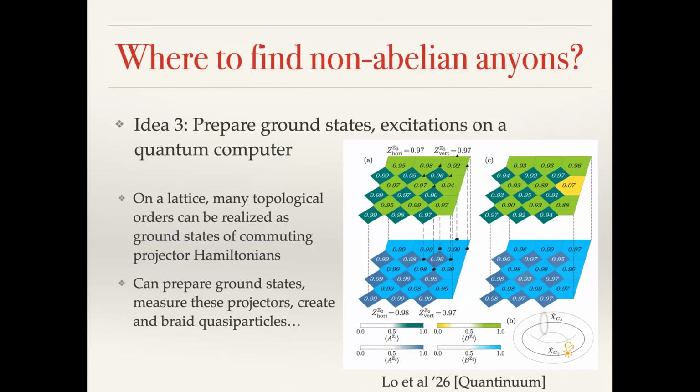There's been a series of experiments from a collaboration between the Harvard group and Quantinuum, where they have prepared states of these types on the quantum processor. They can prepare ground states and also excited states, and they can demonstrate characteristic kinds of braiding that are specific to the non-abelian context.